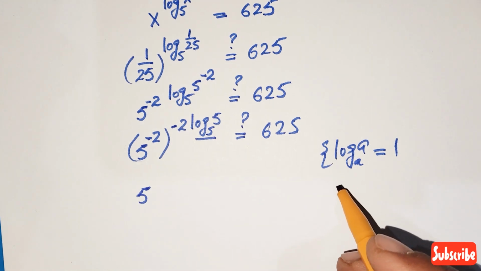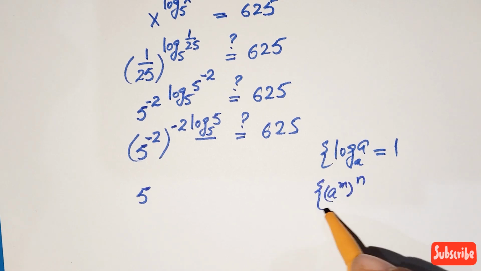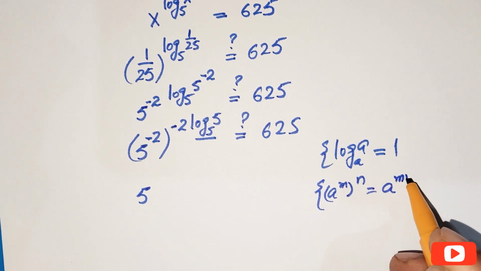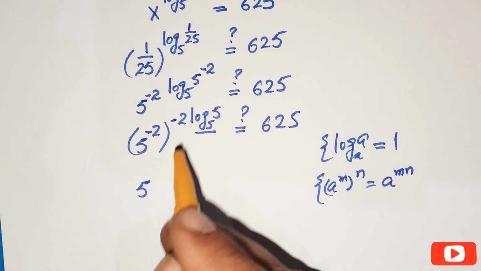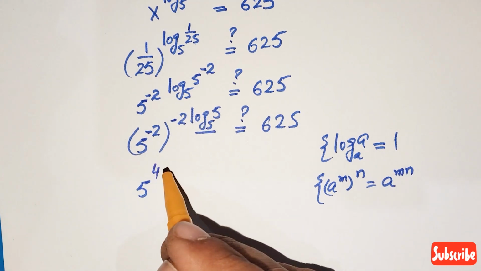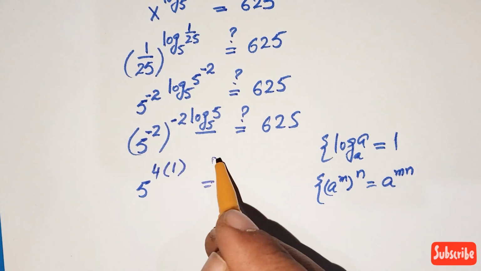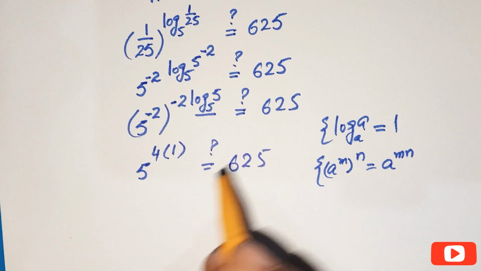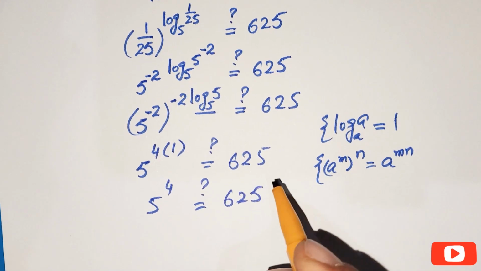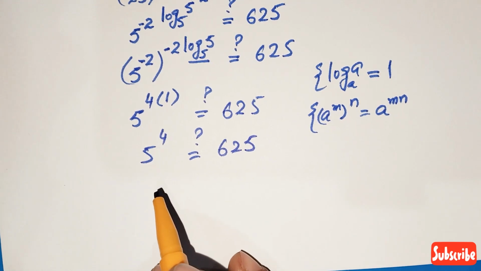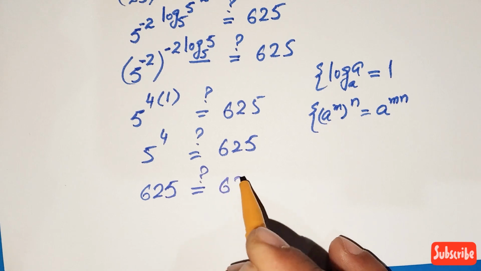As we have a raised to the power m whole power n equal to a raised to the power m times n, minus minus is plus, so 2 twos are 4, and log 5 with base 5 is 1. So 5 raised to the power 4 is equal to 625.